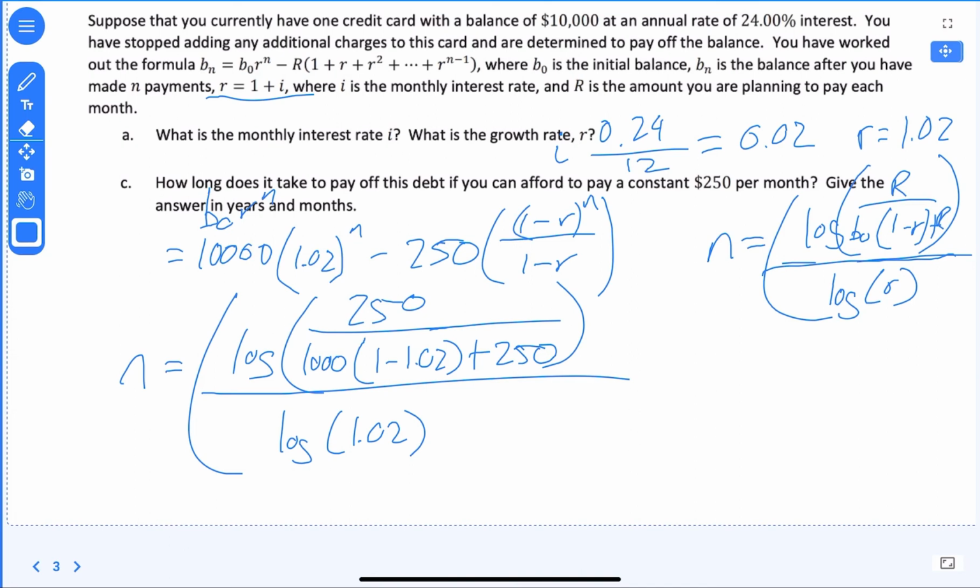Let's plug that into the calculator and see if we can get the correct answer. Anybody do that? Either way, you can set those up whichever way you want to, and you'll have the answer.